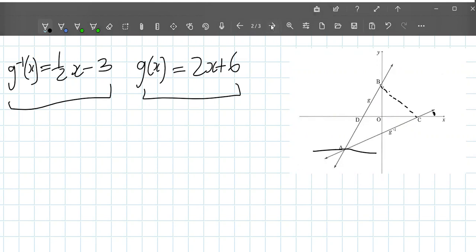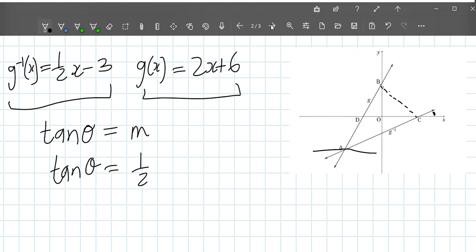So how would we do it? Well, first, tan theta of any line, theta being the positive angle from the x-axis, is equal to the gradient of that line. So let's start with the inverse. The gradient m is a half, so tan theta equals a half, and theta equals tan to the minus 1 of a half.